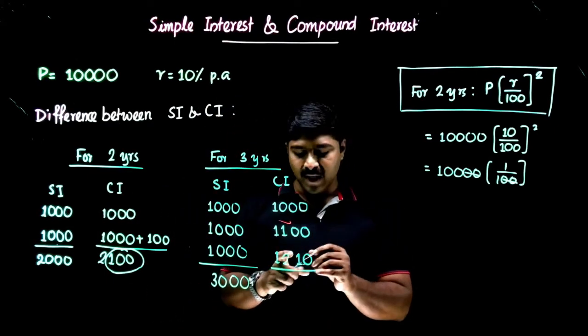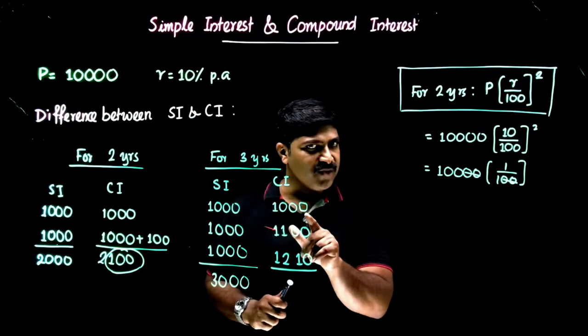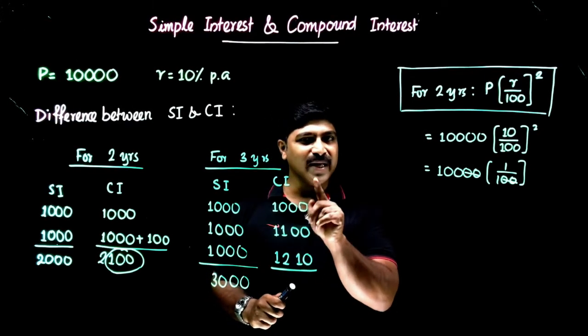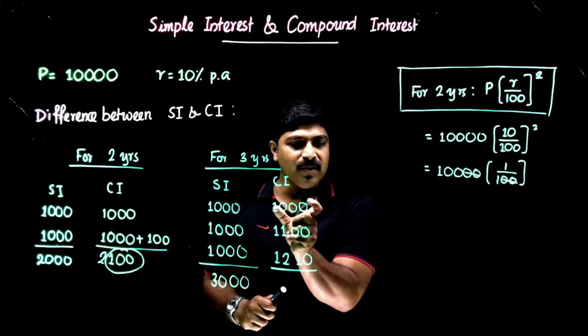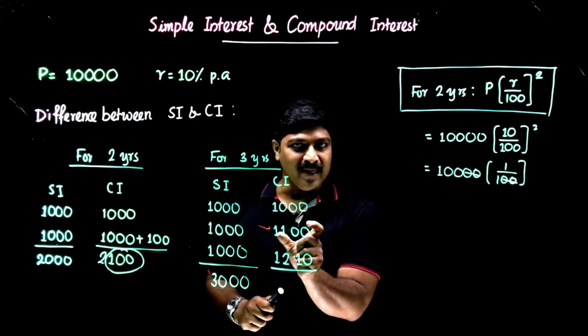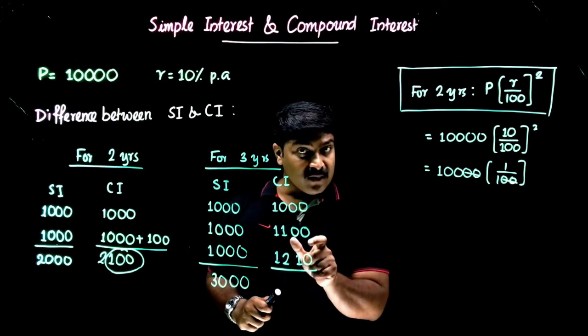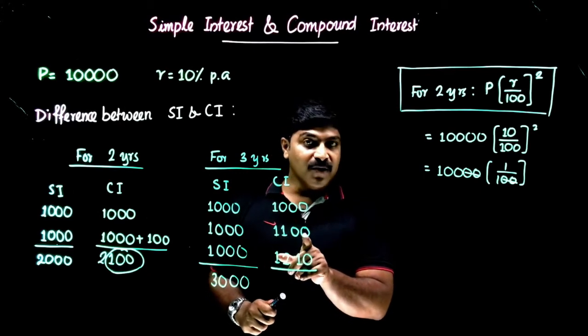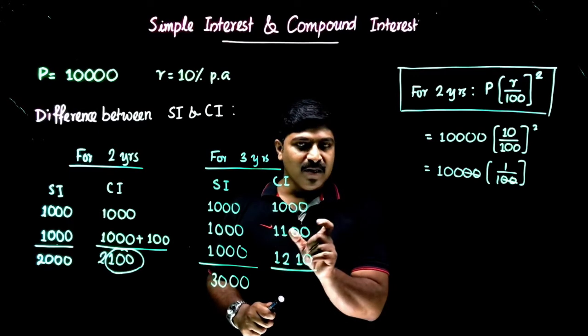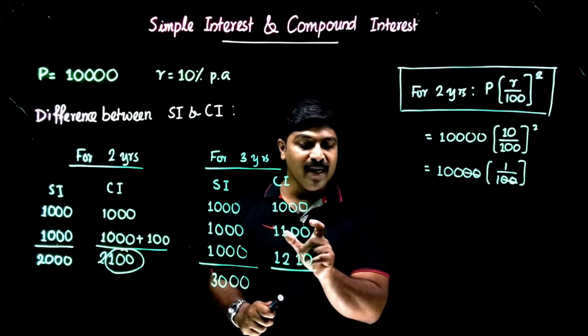Again, we consider 1000 rupees for the first year's compound interest. For the second year, you add 10% of 1000 to that value. 10% of 1000 is 100, and 1000 plus 100 is equal to 1100. For the third year, 1100 plus 10% of 1100. 10% of 1100 is nothing but 110.